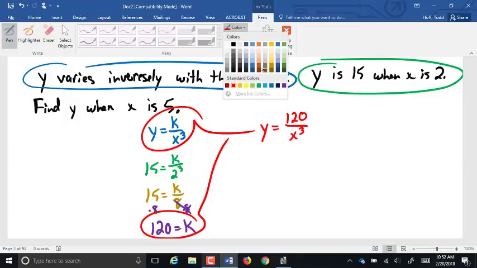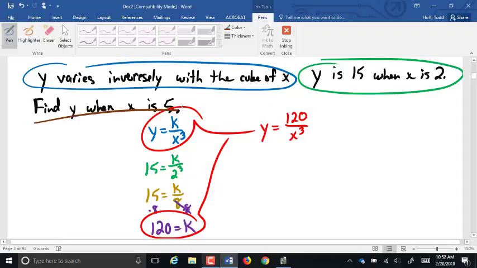Perfect. Then we put in 5 for x. So y equals 120 over 5 cubed, which is 120 over 125, which is 24 over 25 or 0.96.